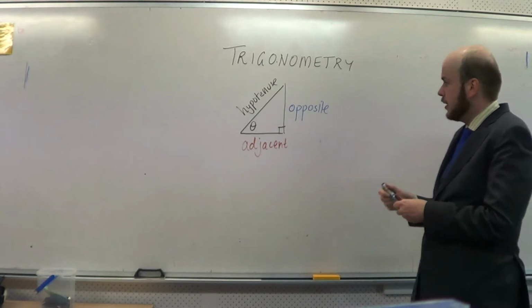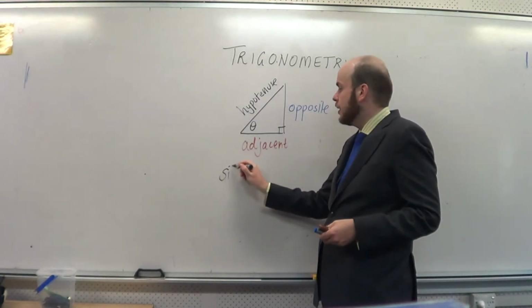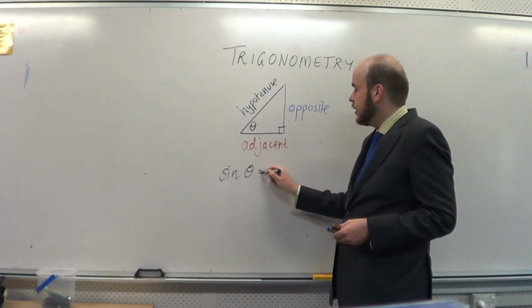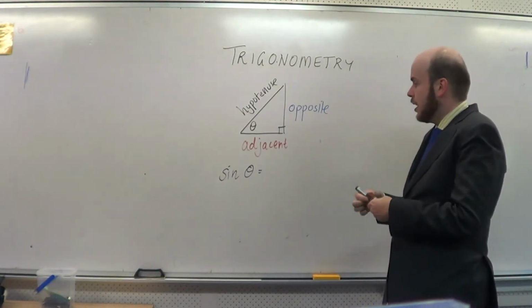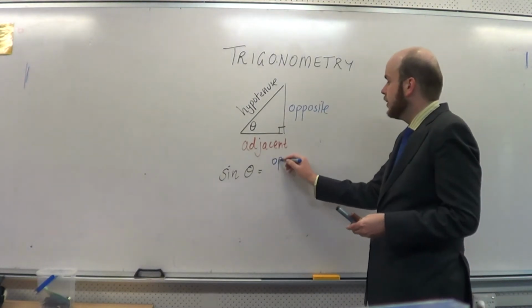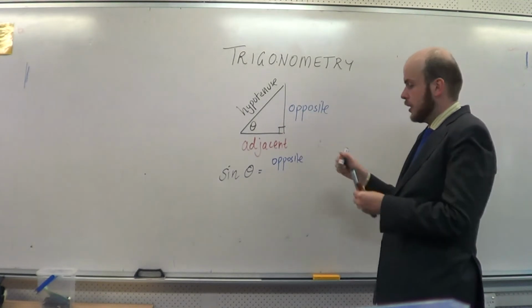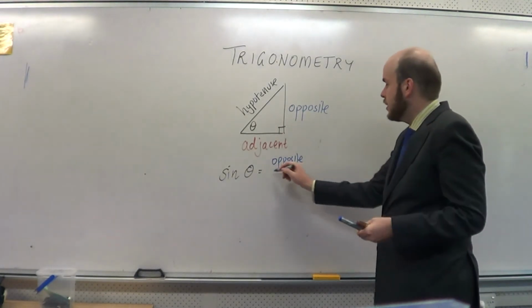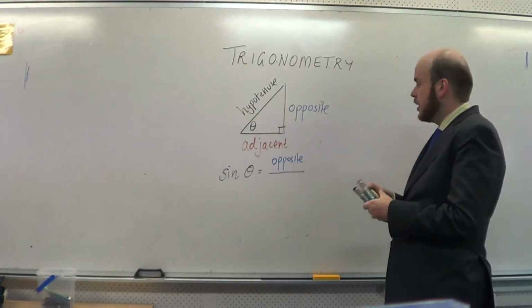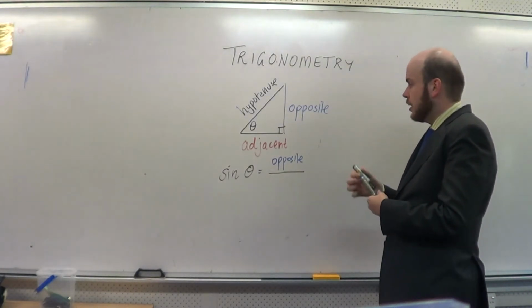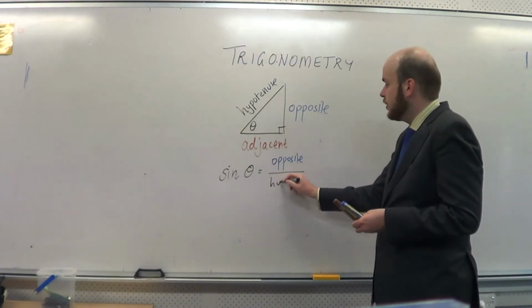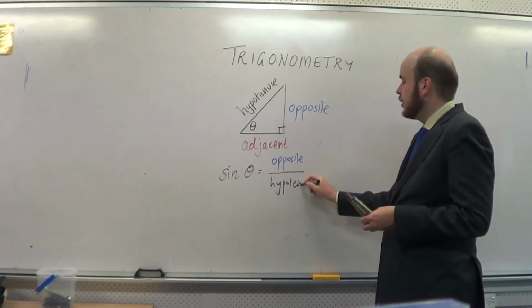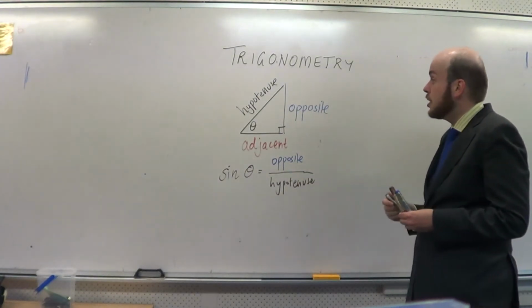So I know that sine of the angle is equal to the opposite divided by hypotenuse. That's the ratio of it.